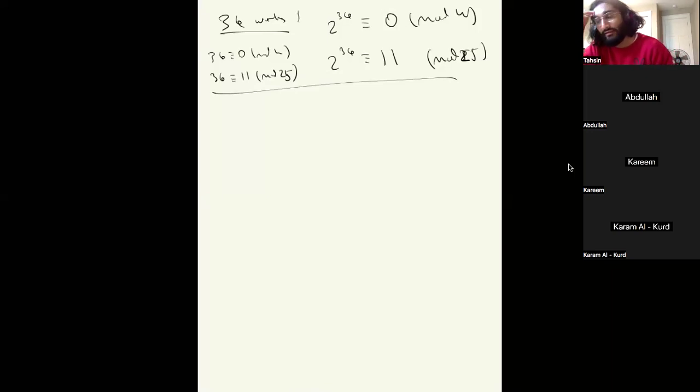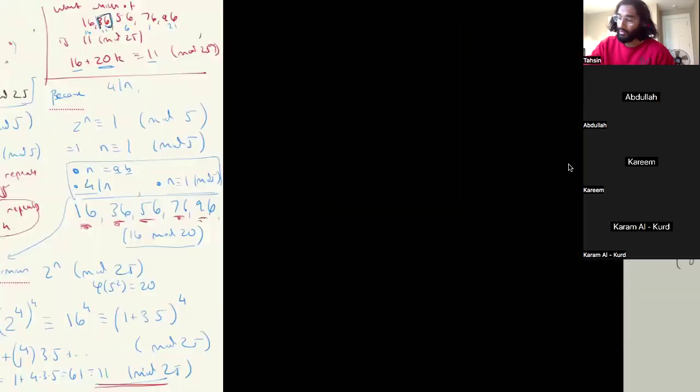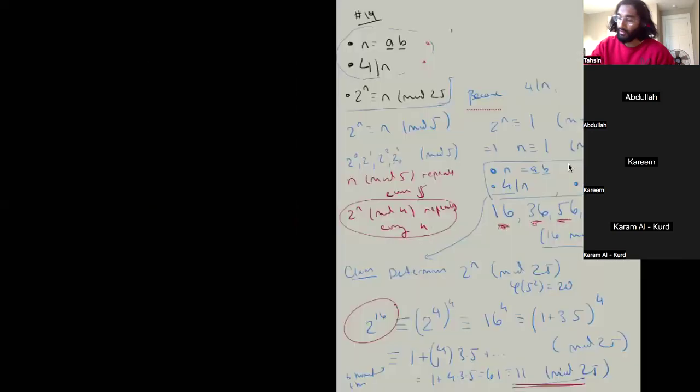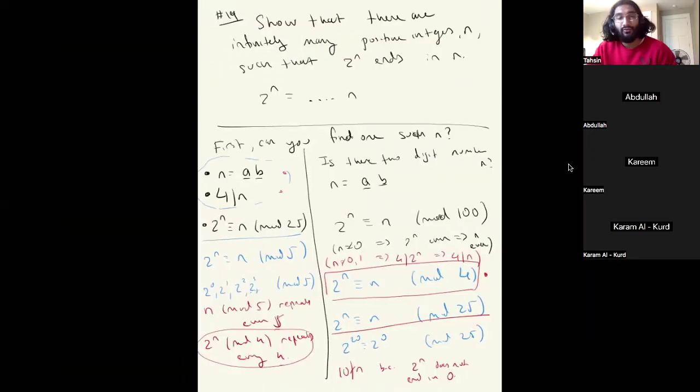So what should we do next? Remember that the problem was to find infinitely many n so that 2 to the n ends in n. We found one.